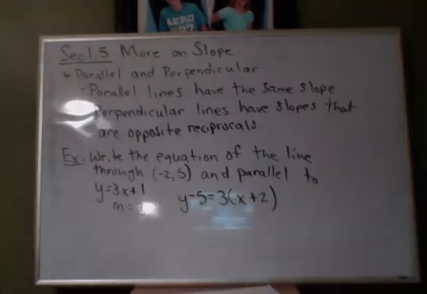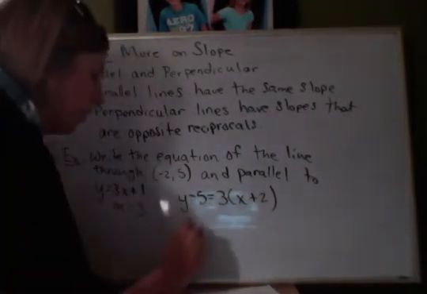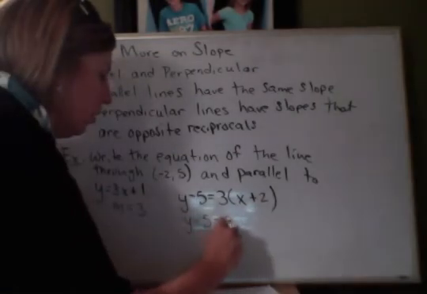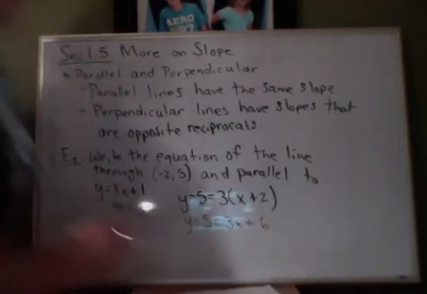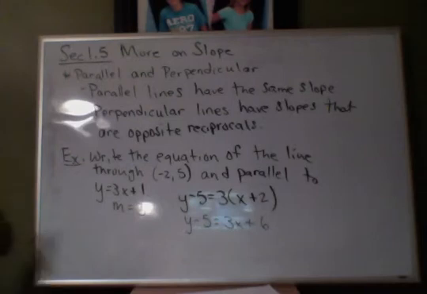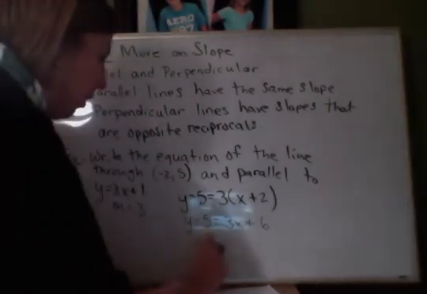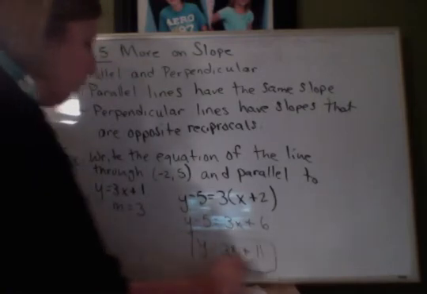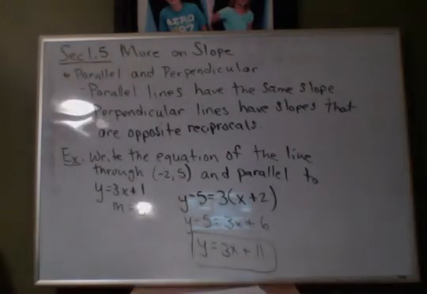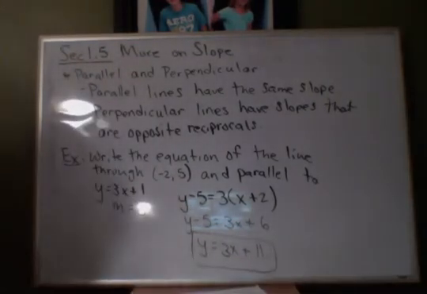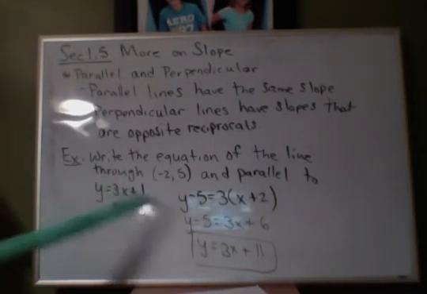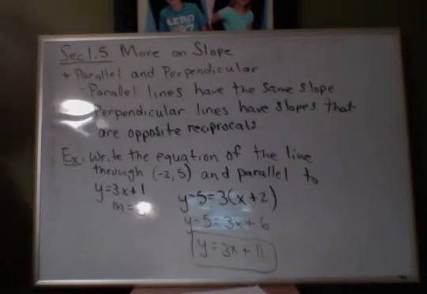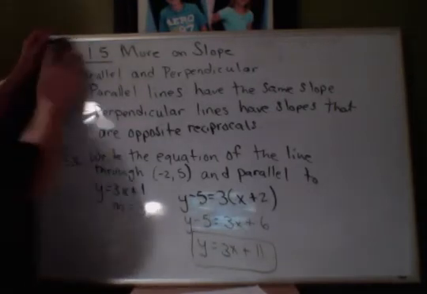Okay, y minus 5 equals 3 times (x plus 2). And then we'll follow the steps to change that into slope-intercept form. So we're going to end up with y equals 3x plus 11. So we have the equation of a line that is parallel to this line, but that also goes through the point (-2, 5). Okay. All right, let's do another example.